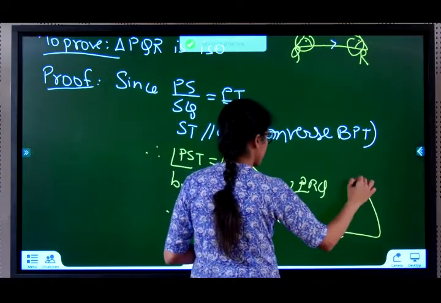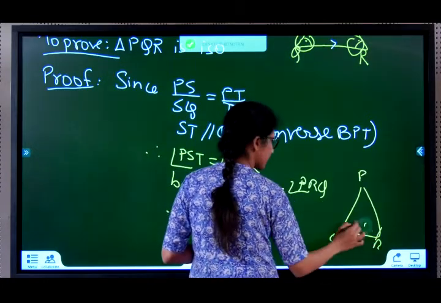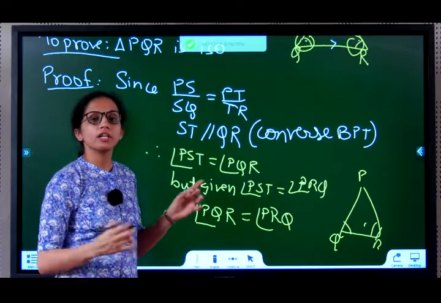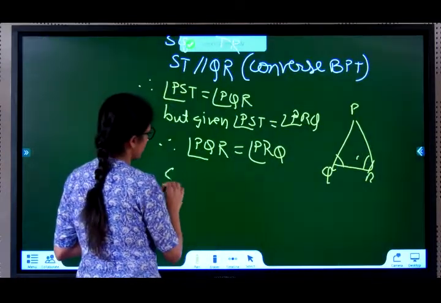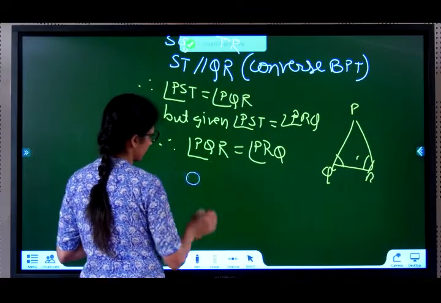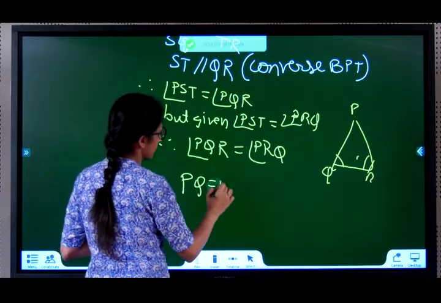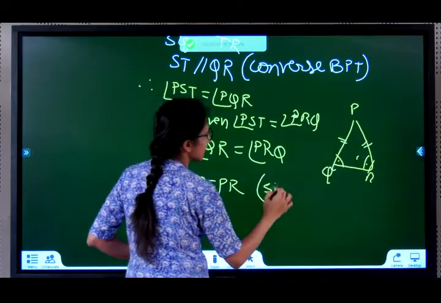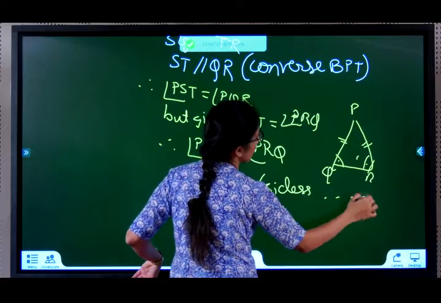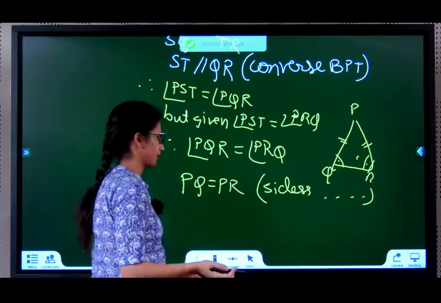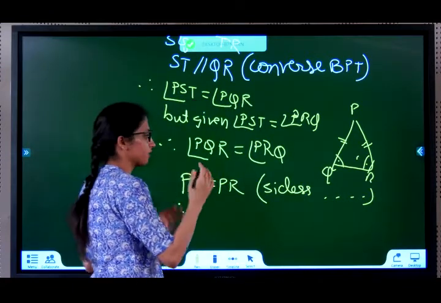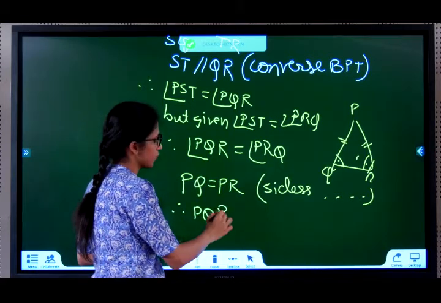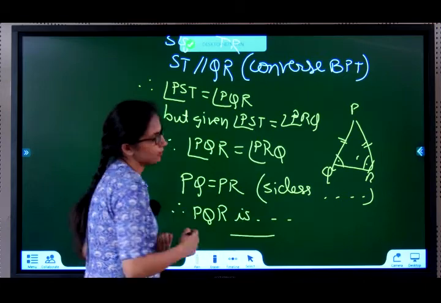In your triangle PQR, you have got these two angles equal. Sides opposite to equal angles are equal. I can say PQ is equal to PR. These two are equal, so this side is equal to this side. Why? Sides opposite to equal angles are equal. Therefore, if two sides are equal, the triangle is isosceles. Therefore, PQR is an isosceles triangle.